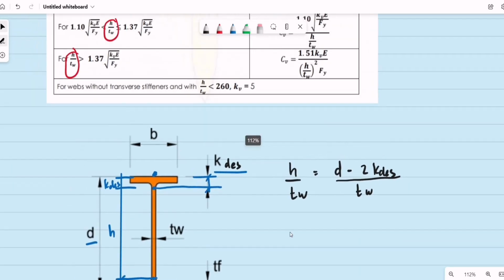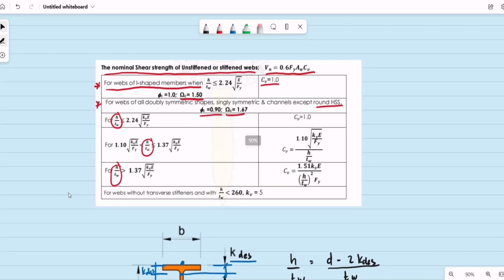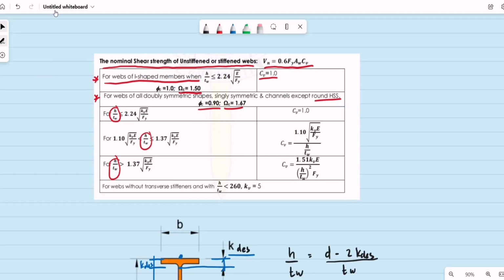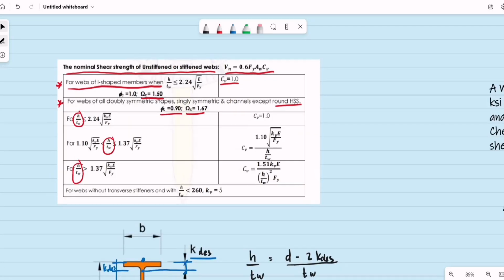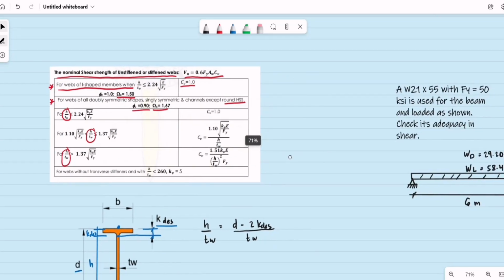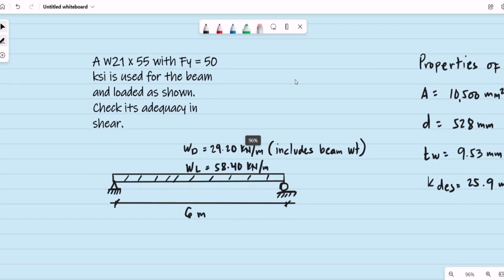So let's have an example on the computation of the nominal shear strength. A W21 by 55 with Fy equal to 50 ksi is used for the beam and loaded as shown.